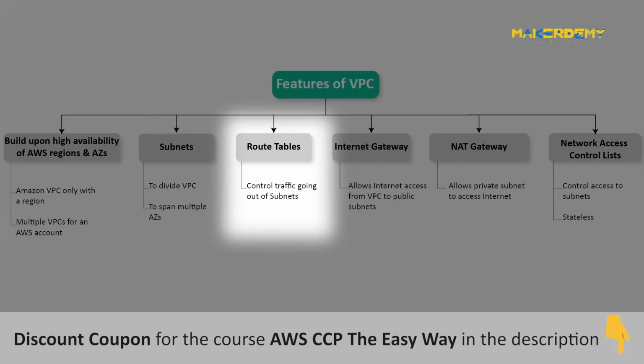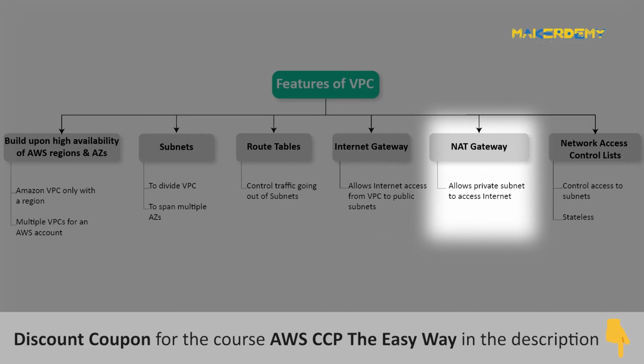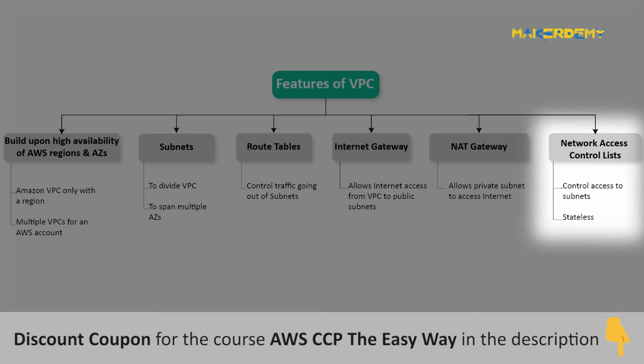Route tables control traffic going out of subnets. Internet Gateway or IGW allows internet access from the VPC to public subnets. NAT Gateway allows a private subnet to access the internet. Network Access Control Lists or NACLs control access to subnets, stateless.